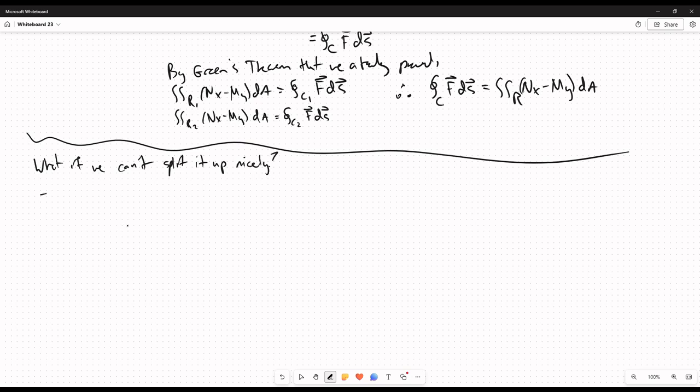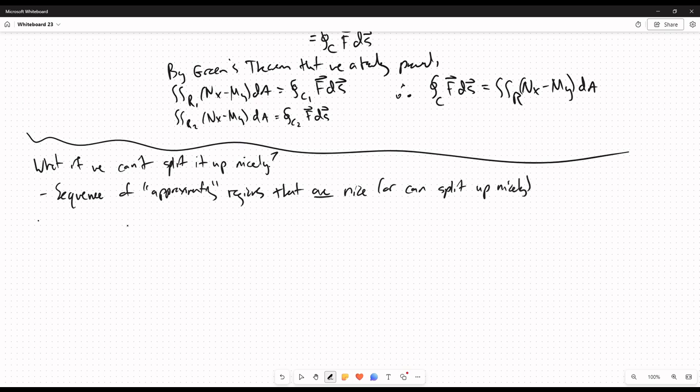Well, the idea is you have a sequence of approximating regions that are nice, or can split up nicely, and then you take the limit as our approximations get closer.